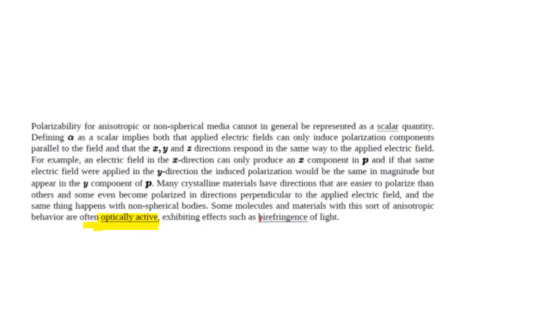And these materials are also useful for birefringence. Birefringence means here it has two directions, violates Snell's law, and we have an ordinary ray and an extraordinary ray whenever light passes through this.